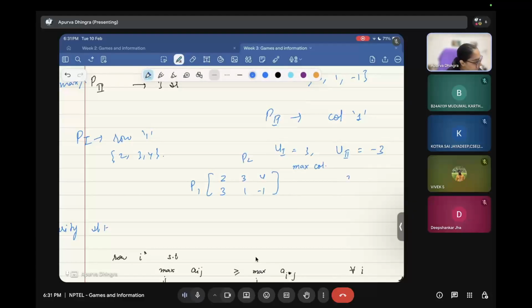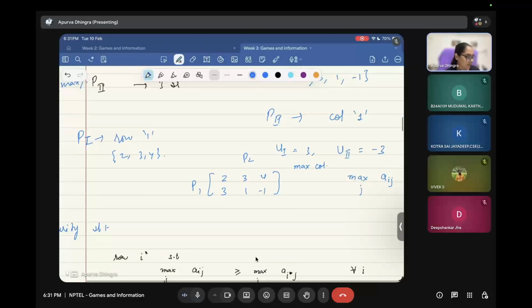More carefully, I'm looking at the max of A_ij where I have fixed the row i, and I'm looking at the max with respect to j. As in, which strategy chosen by the other agent would cause the most damage to my utility. That's what this is saying. So let's say I've fixed this row. From 2, 3, 4, the maximum is 4. Now I'll repeat the same thing for the next row. From 3, 1, -1, the worst is 3.